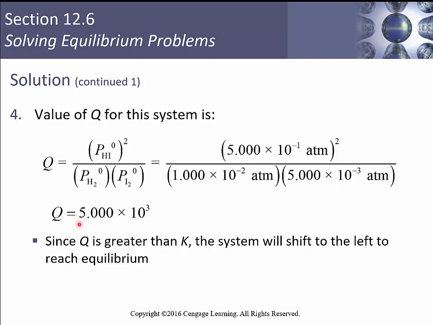And we see that Q is 5 times 10 to the third. And since Q is way, way bigger than K, we're going to have to shift our equilibrium. We know that we're going to form our reactants back from our products because Q is very large. So it's going to shift to the left to reach equilibrium.